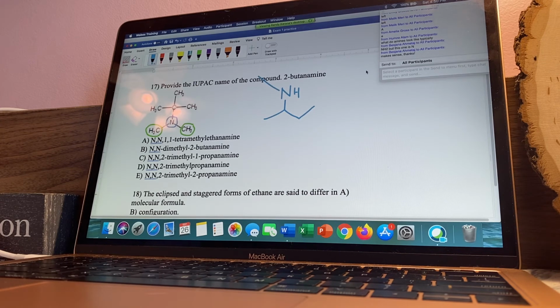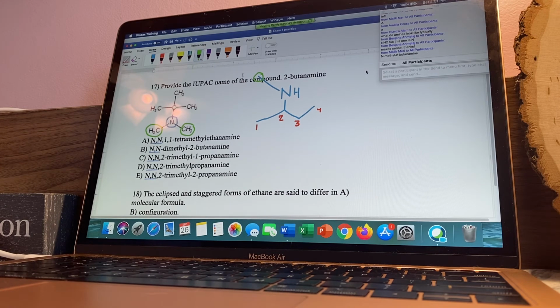Okay. So nothing changed to the parent chain because it's still the longest thing. We have 4 carbons on the parent chain. Let me number those. 1, 2, 3, and 4, right? So the way you name this is that extra methyl group right here is going to be off of the nitrogen instead of off the parent chain.